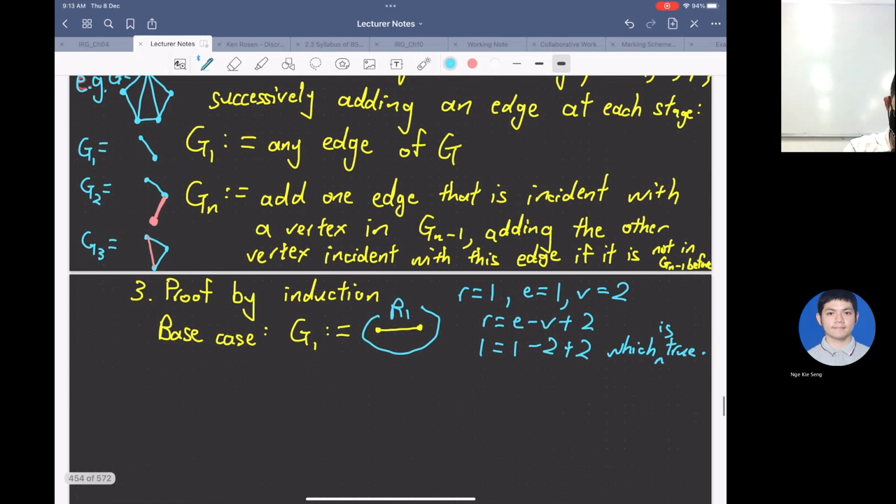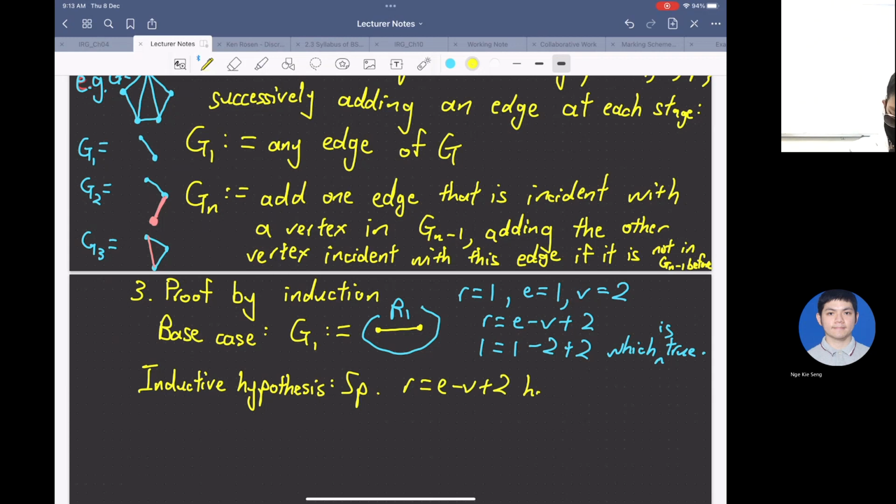Okay. So now let's do the inductive step. Inductive hypothesis first. So suppose the formula holds for GK. And then we want to show that it is true for GK plus 1.